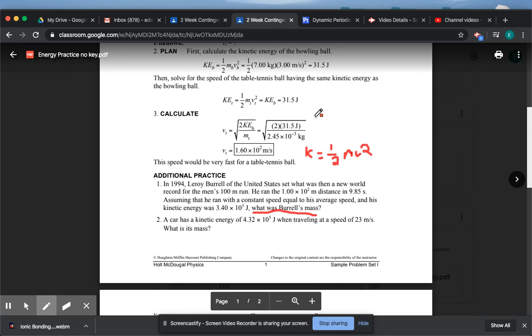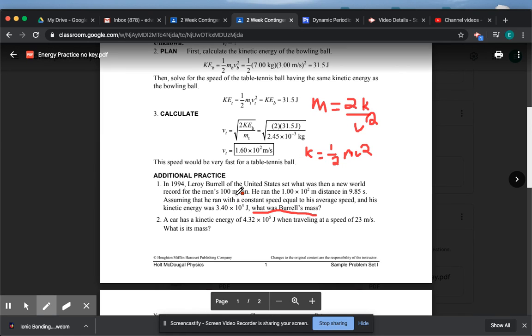If I do that all in one step, you end up getting that m, which is the mass, is equal to, if I multiply by 2, now we have 2 times K. Okay, remember this 2 got rid of the half, and then we got to divide by v squared.